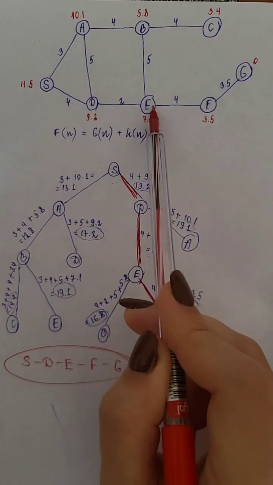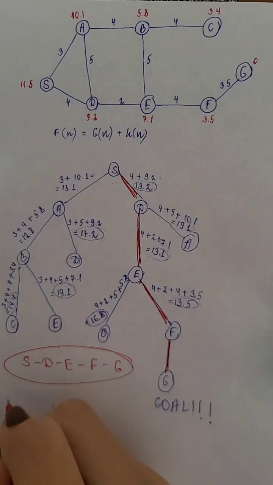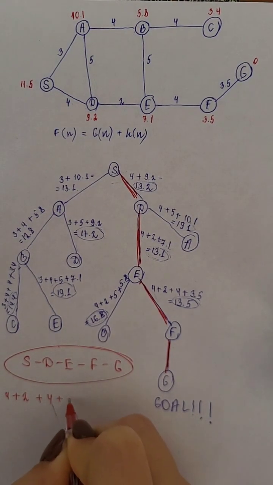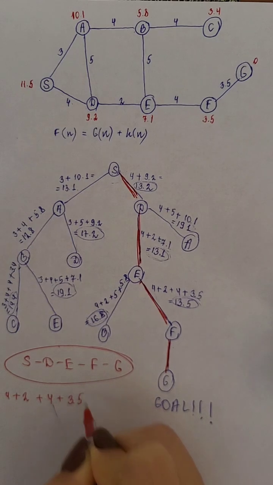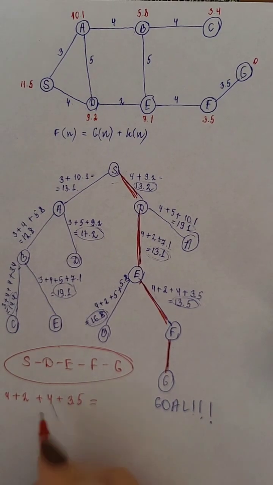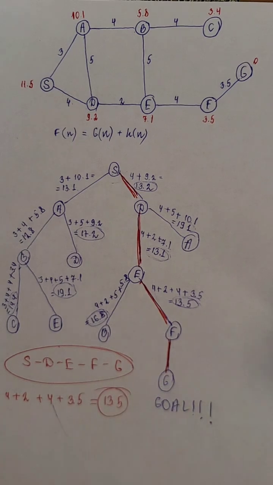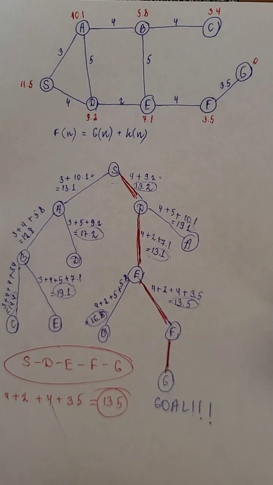S, D, E, F, G. 4 plus 2 plus 4 plus 3.5, which gives us 13.5. The minimum cost is 13.5.